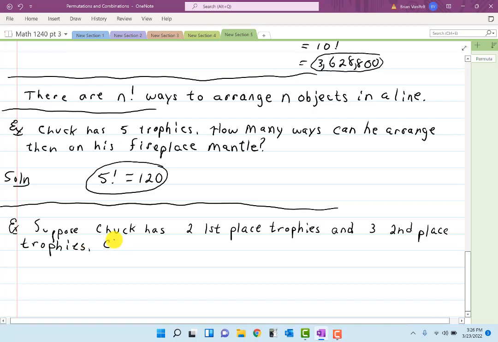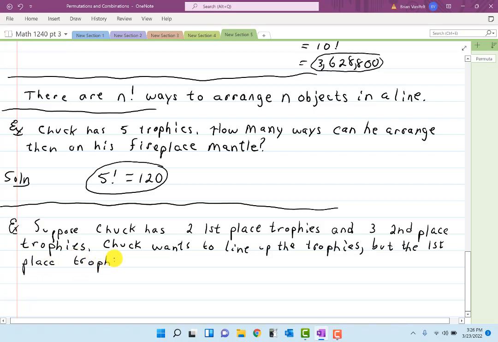So Chuck wants to line up the trophies, but the first place trophies must come first.